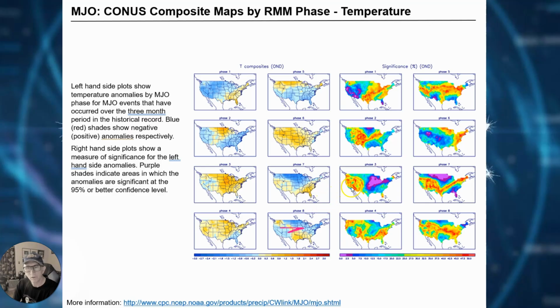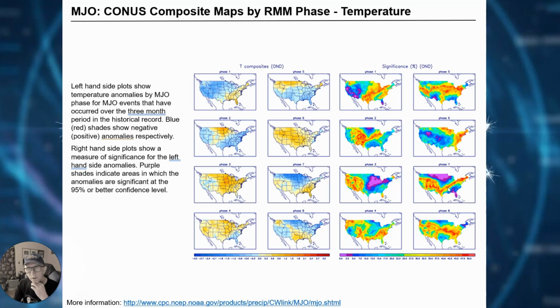So when we look at phase 7 over here, this is significance. The right hand side shows a measure of significance for the left hand side anomalies, right? The purple shade indicates areas in which the anomalies are significant at the 95 percent or better confidence level.